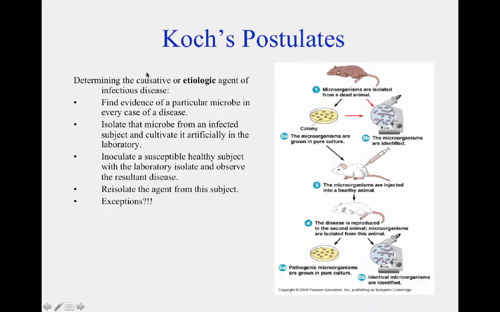So Robert Koch, and this was over 100 years ago, when there was a time when no one believed that there was anything smaller than what we could see with the unaided eye. He developed a set of guidelines to prove and link a particular microbe with a specific infectious disease.